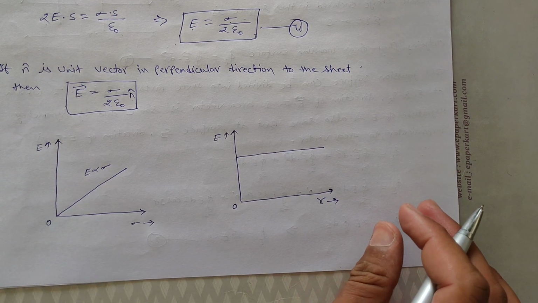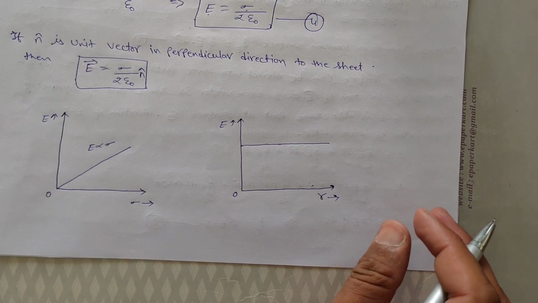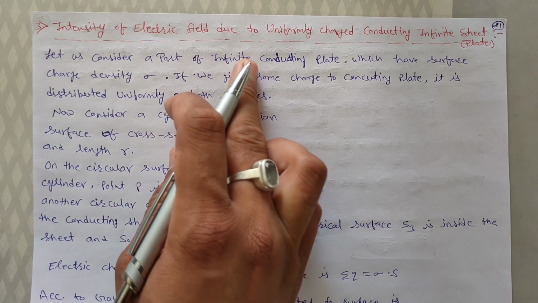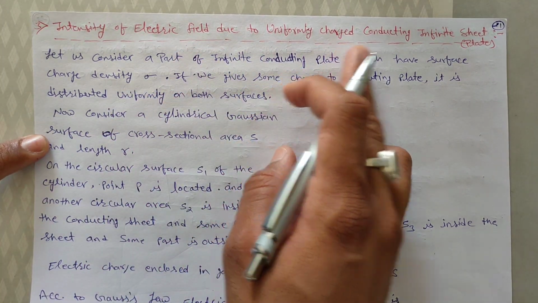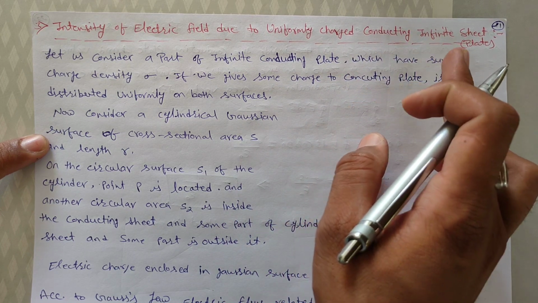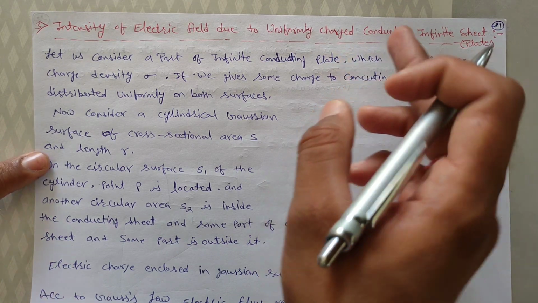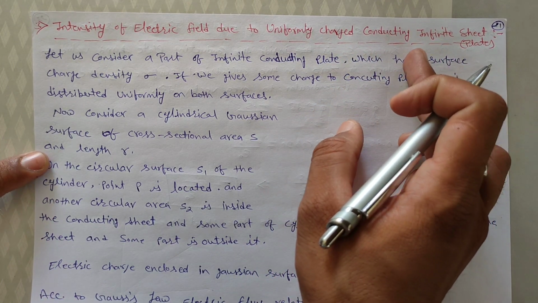Okay students, the next application is the intensity of electric field due to a uniformly charged conducting infinite sheet or plate. Here we take a conducting sheet.